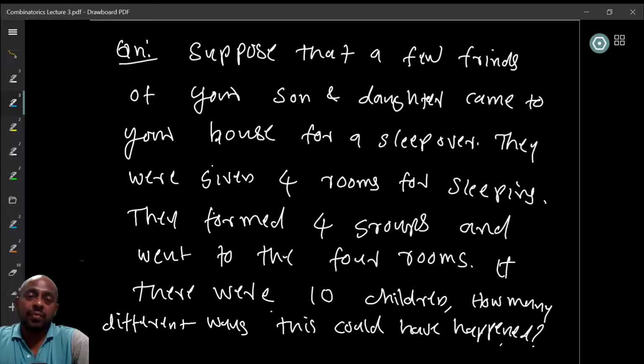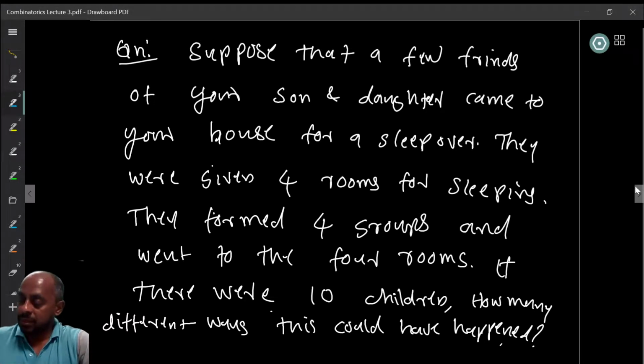But maybe if you don't consider the rooms, I gave you 4 rooms, it doesn't matter. What matters is the way the children are grouped together. I just want to see who is going together to sleep. But if I also want to know who is going to which room, then that is a different question. So there are 2 different questions one can bring from this.